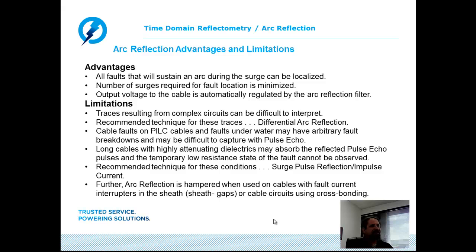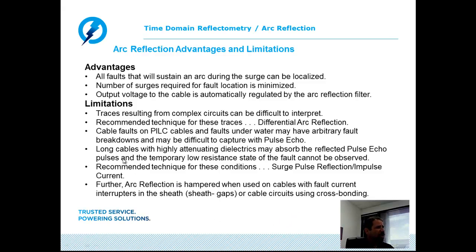Now, since we have these two waveforms, which are really just accumulations of data points, the computer or the analyzer will cancel everything common, getting rid of all of the unwanted reflections, and then very clearly showing us the point of difference or where the arc took place, allowing us to very quickly visualize and make a measurement to the flash point or reflection point of the arc.